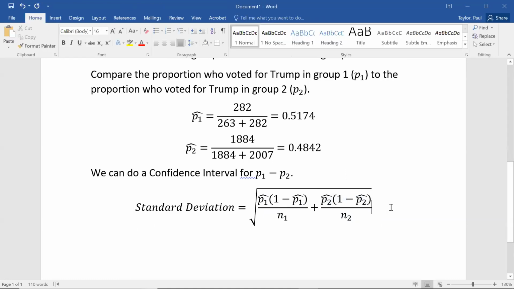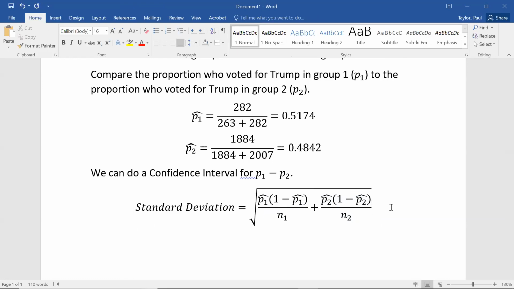So basically you take the old formula for the standard deviation that you use to find confidence intervals that we had in the previous chapter, but you do it for both of your groups and you add them up, and they're added together under the square root.